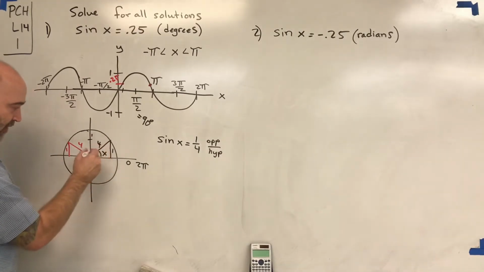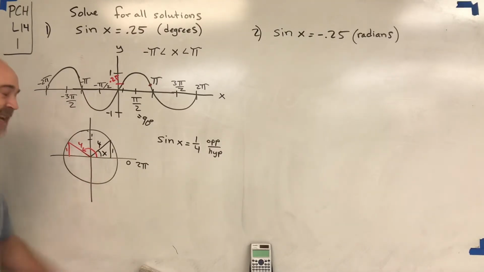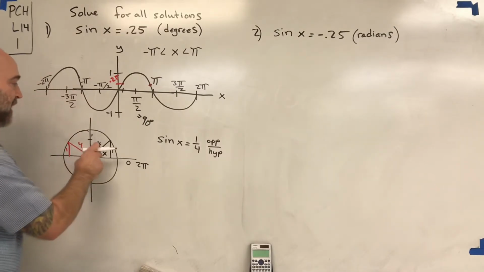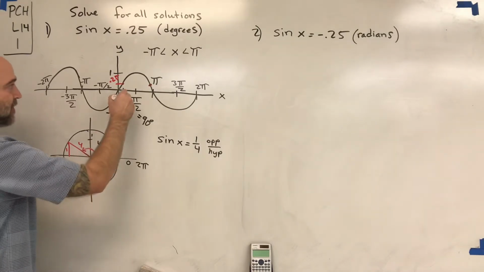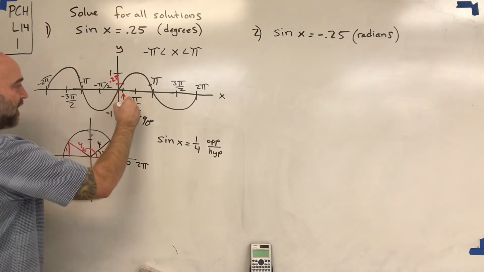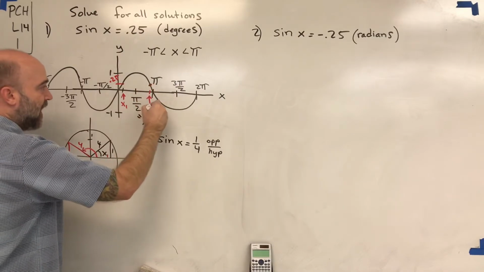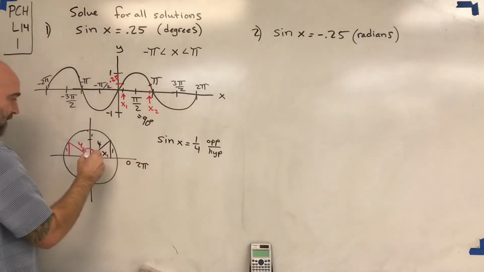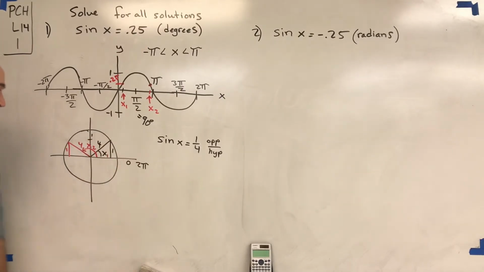That's this solution right here, and then if I travel over and land right there, it has that exact same solution. So this is the first one, I'll call it x1, and then this one right here is the x2 idea. That's this red that I have shown.